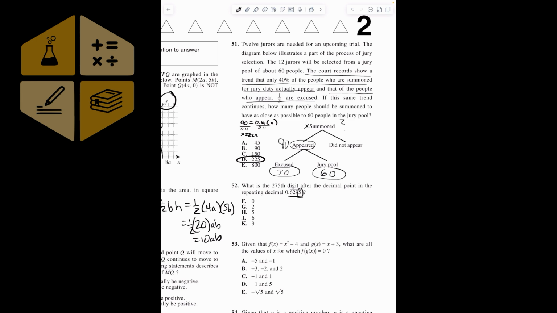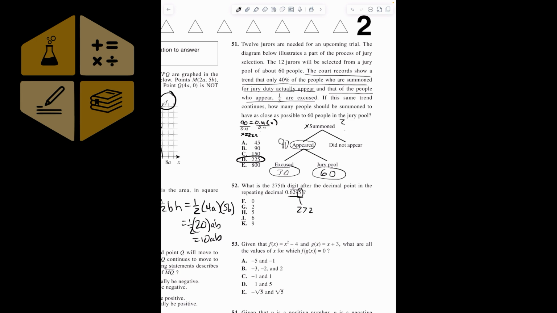Well, if it's the 20th, then it's the 200th, the 220th, the 240th, the 260th, the 264th, 268th, 272nd digit after the decimal point. That was just my way of counting by 4s and getting up to 200, close to 275.